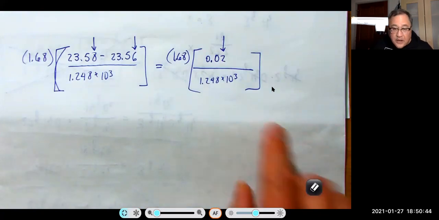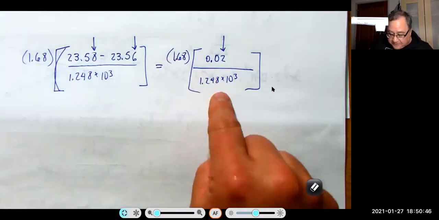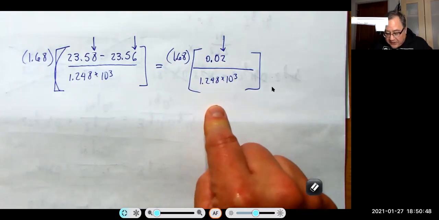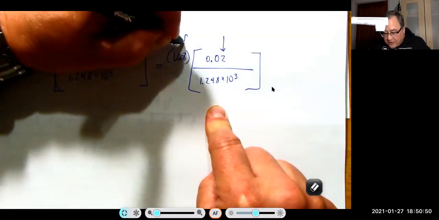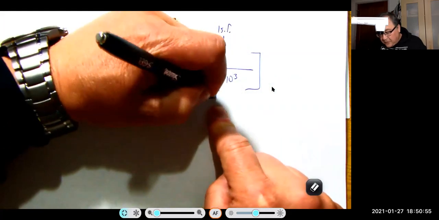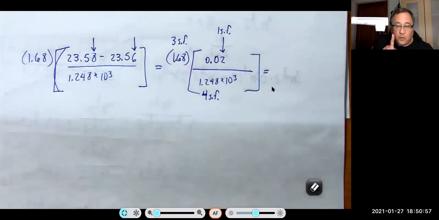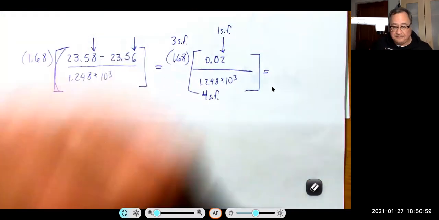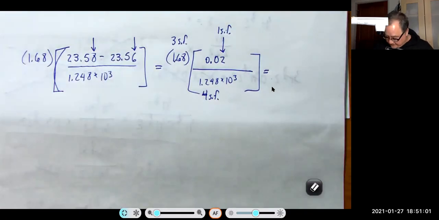Now, at this point, I'm doing just multiplication and division. So I know this has 3 sig figs. I know this has 1 sig fig, and I know this has 4 sig figs. So I'm going to report my answer with 1 significant figure. So let's see what we get.